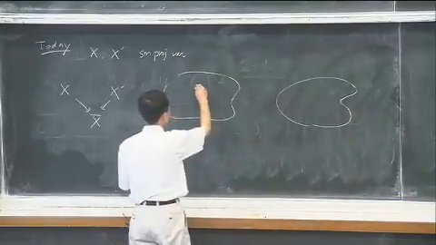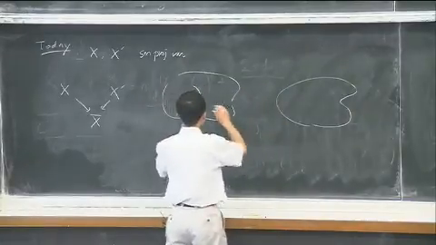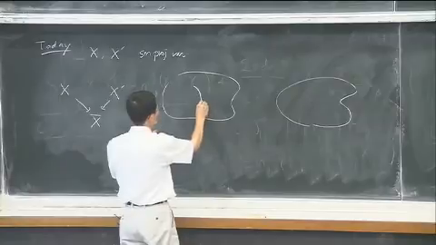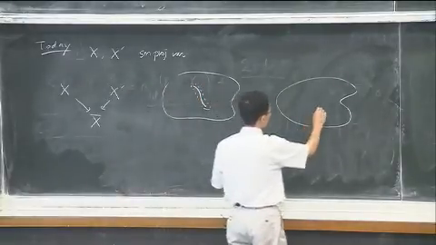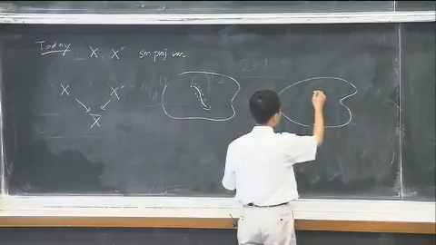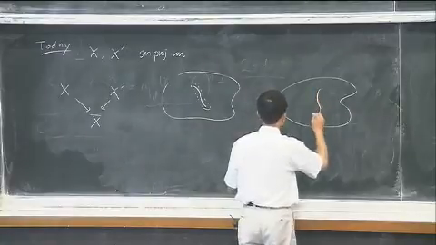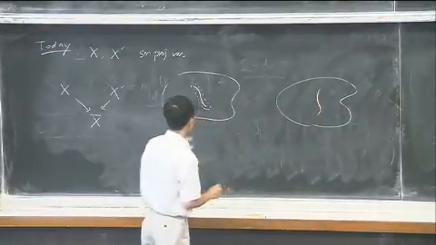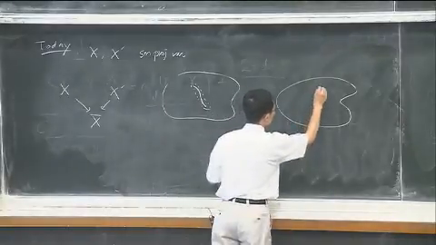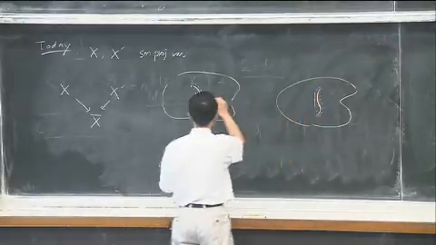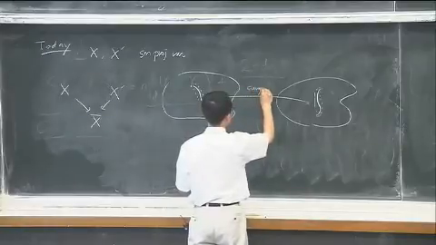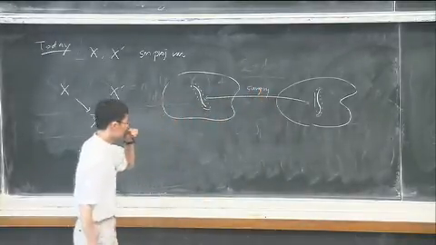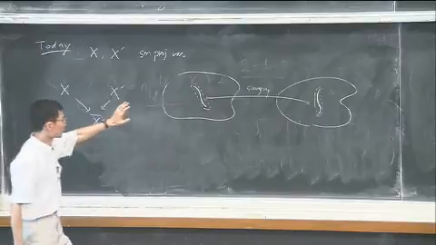But in some locus, I'm doing some kind of surgery. So in the neighborhood of this locus, I remove this, and in this same neighborhood, I attach a different thing inside. So it's only a small neighborhood that I do some kind of surgery, and the rest will be the same.